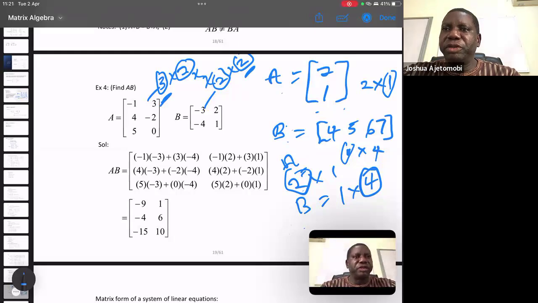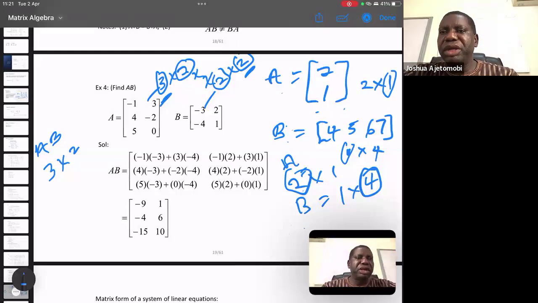So in this case, if we multiply our AB, the result must be 3 by 2, just what we have here. And in the process of multiplying, it is the row by the column.